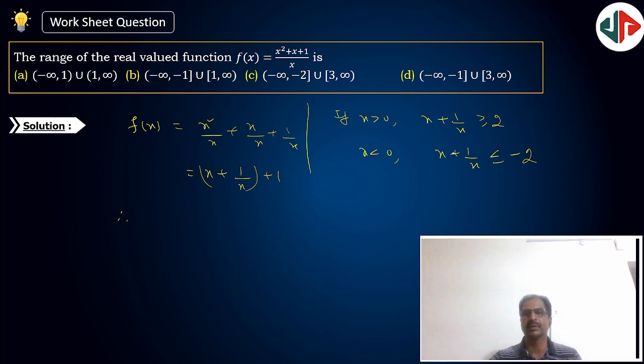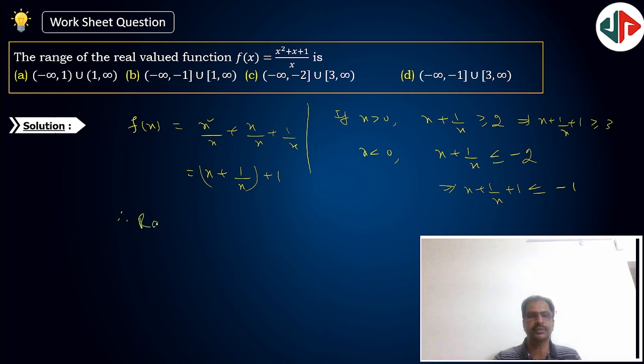Therefore, if x plus 1 by x is greater than or equal to 2, what is x plus 1 by x plus 1? Greater than or equal to 3. From here, x plus 1 by x plus 1 is less than or equal to, add 1 on both sides, minus 1. So how the range of the function will be? It is greater than or equal to 3 or less than or equal to minus 1.